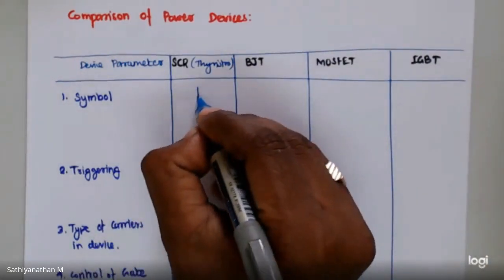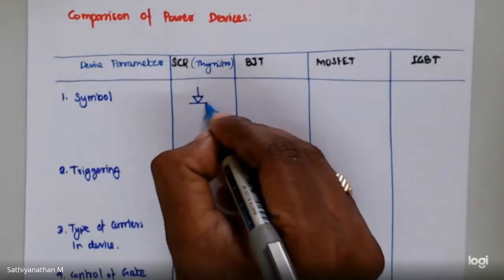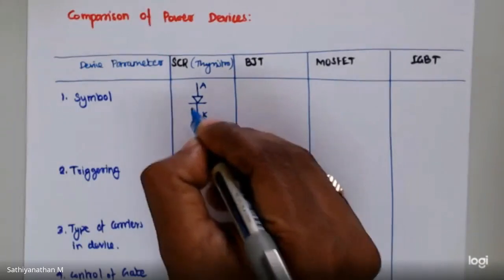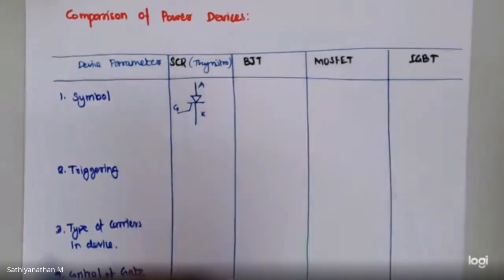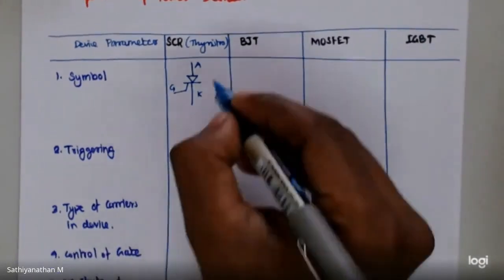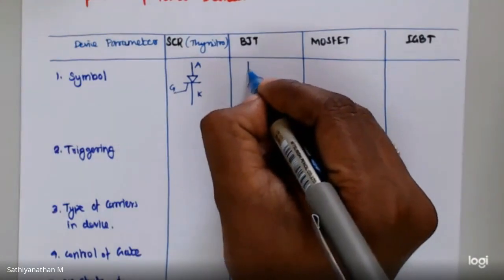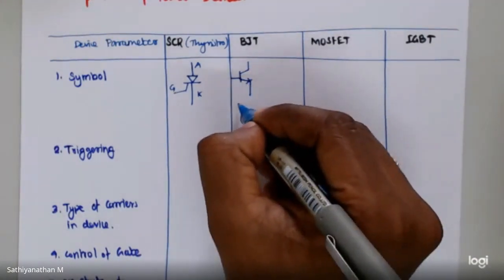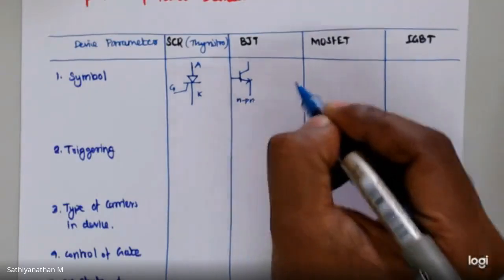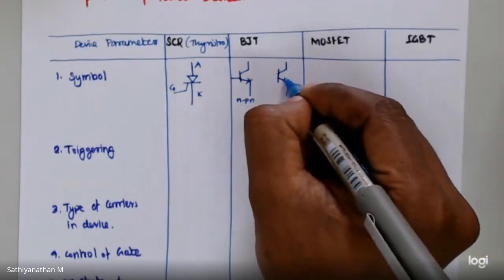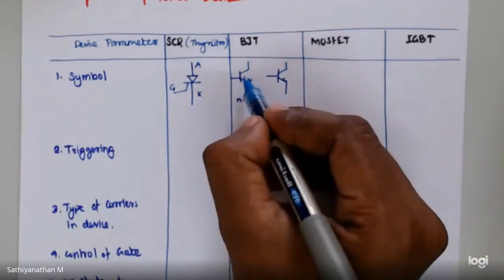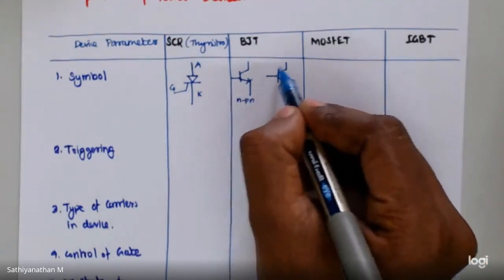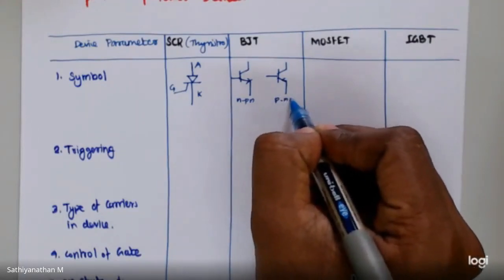So if you take the symbol, SCR has the structure of a diode, and the only thing is a gate is added. In BJT there are two types. One is NPN and another one is PNP. So this is triggered using a positive base current, and this is triggered using a negative base current.